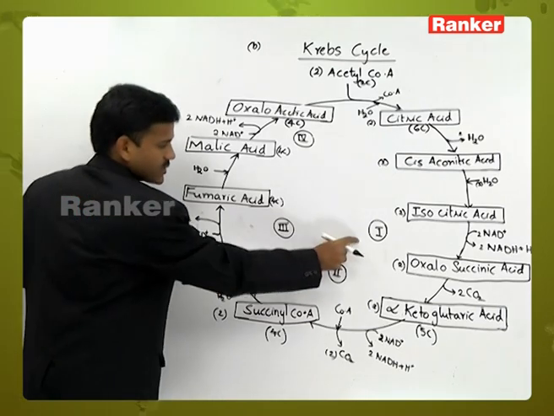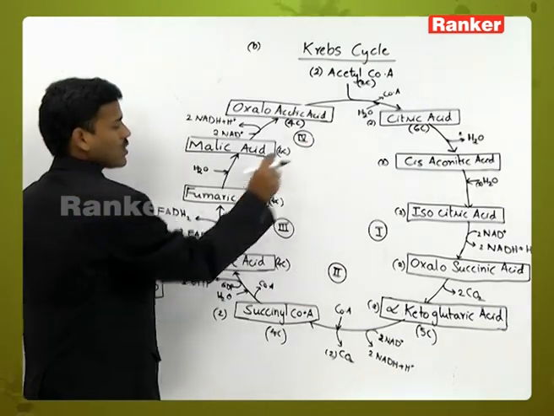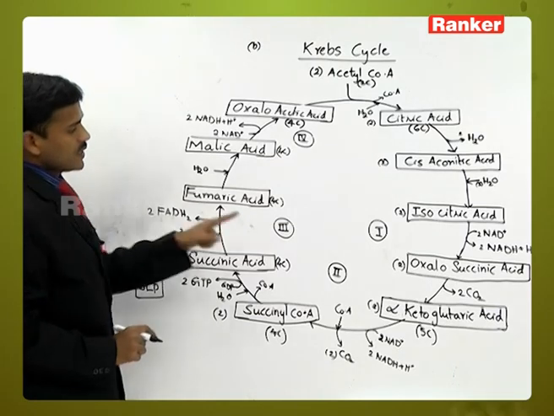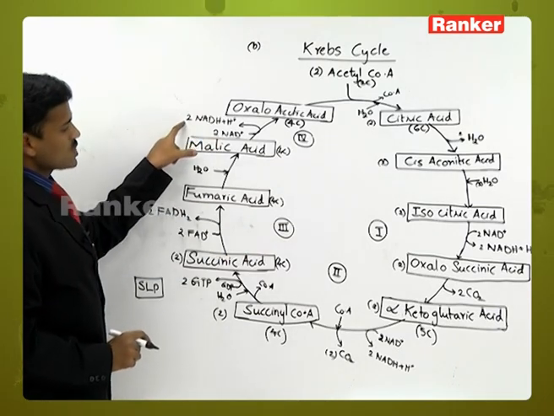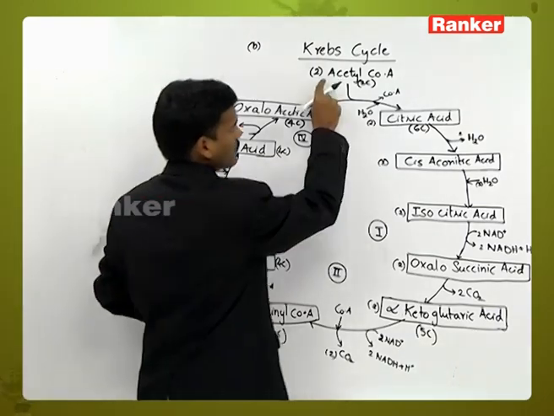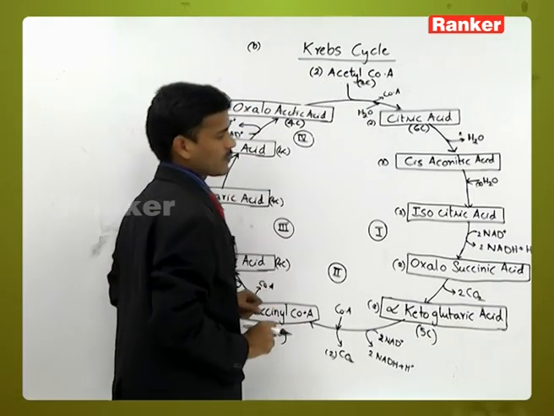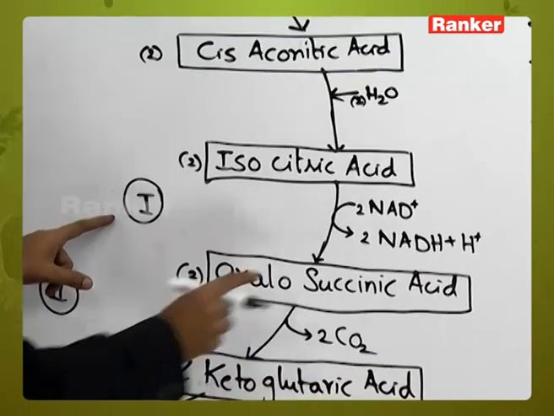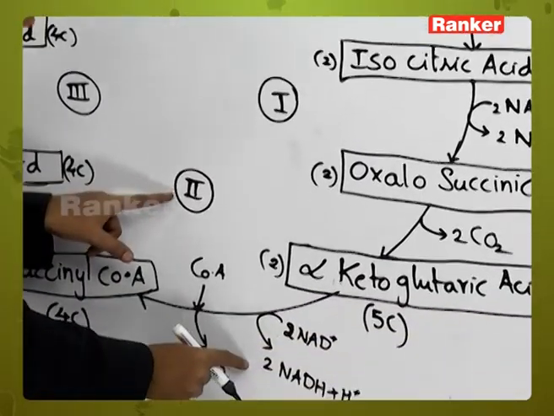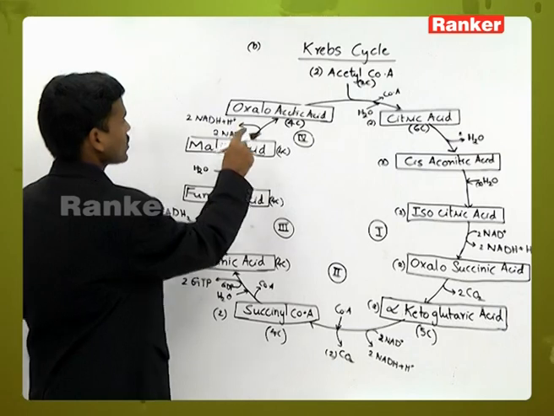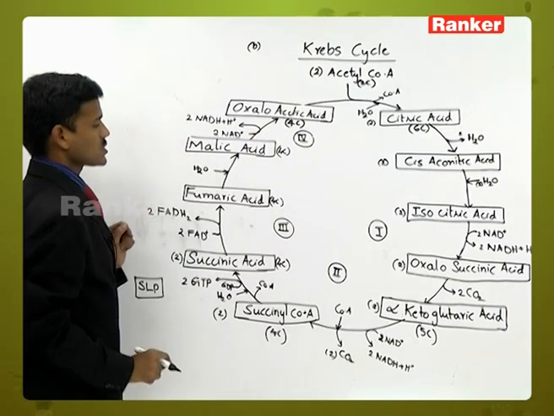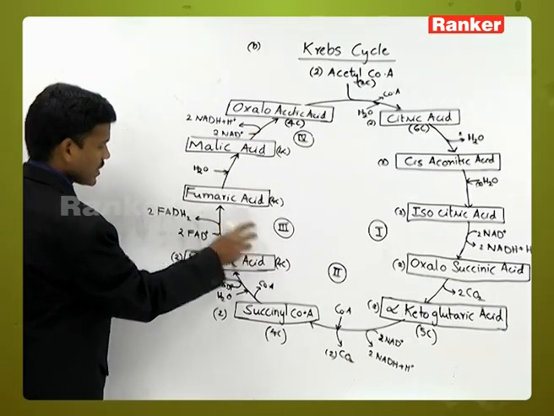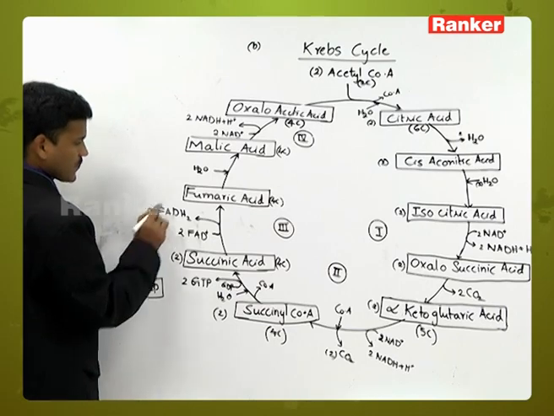At the first, second and 4th oxidation steps, NADH2s are produced. If 2 acetyl coenzymes are involved, all are doubled: 2 NADH2s in the first oxidation, 2 NADH2s in the second oxidation, and 2 NADH2s in the 4th oxidation. But in the 3rd oxidation, FADH2s are produced.